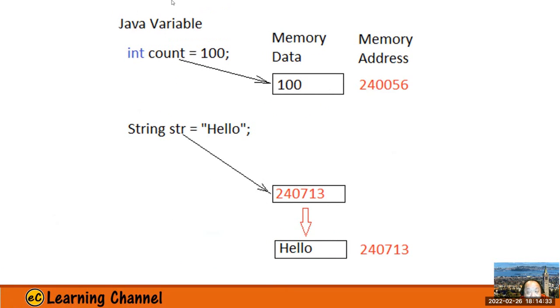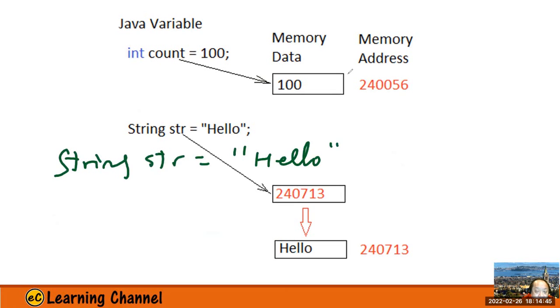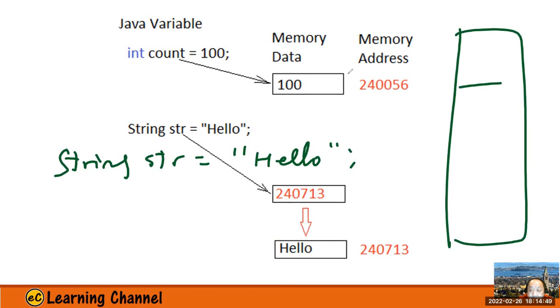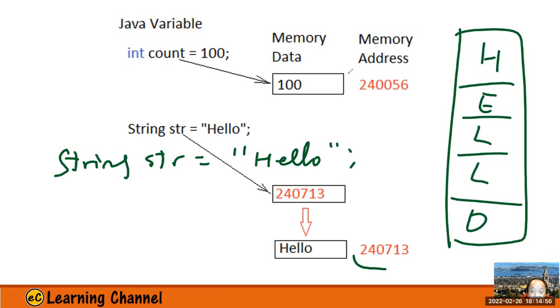So for this reference data type, when we do this, we will do String str equals "hello". Here we create a hello in some dynamically allocated memory area. The address, say, is 240713. That can be 5 characters, 10 characters, or 200 characters.